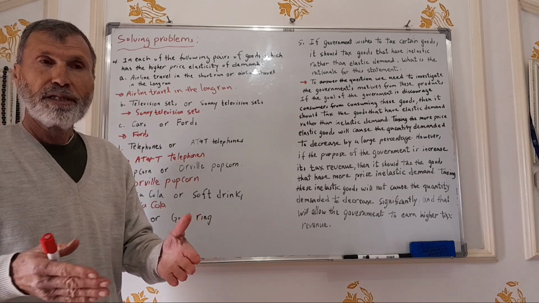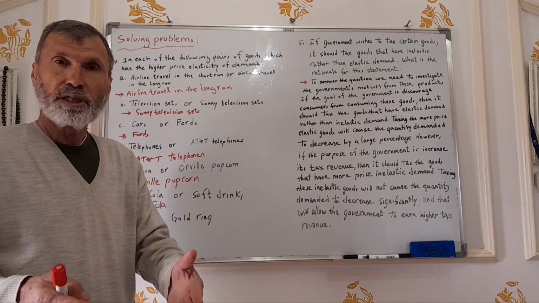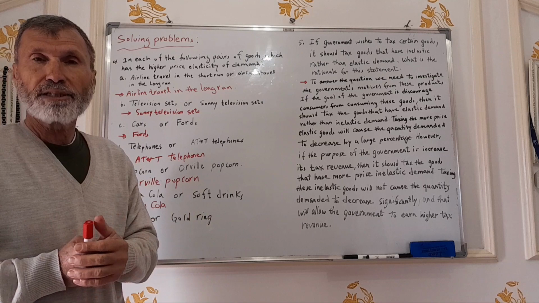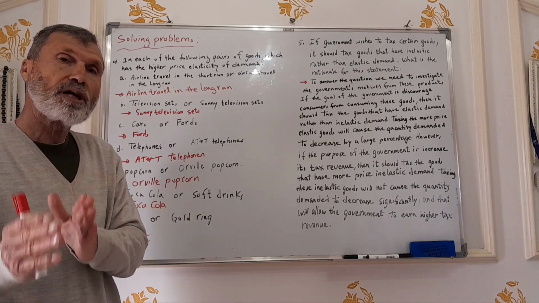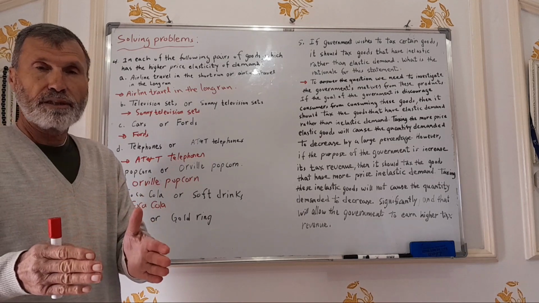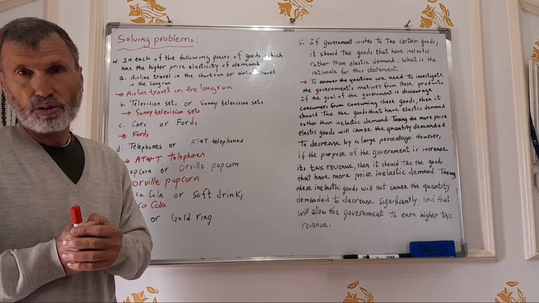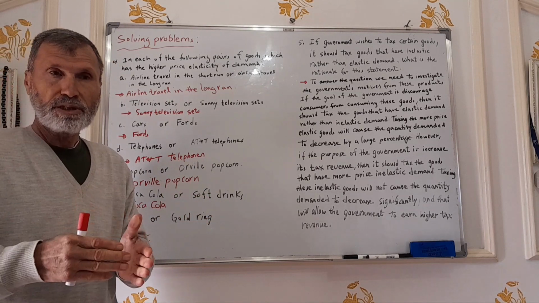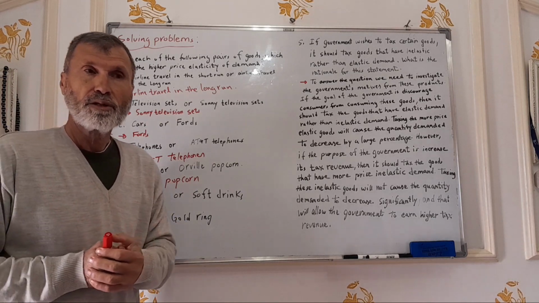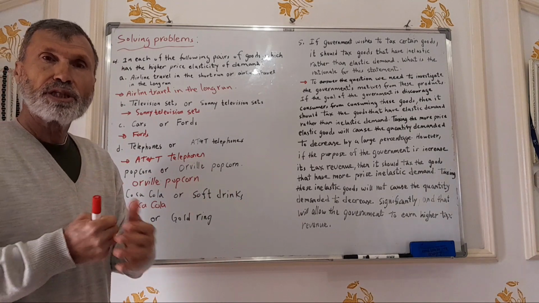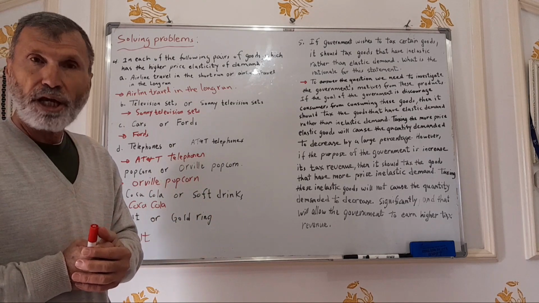Therefore, we expect airline travel in the long run to have higher price elasticity of demand than airline travel in the short run, because as time passes, consumers will have more opportunities and more information to be responsive to changes in the price.